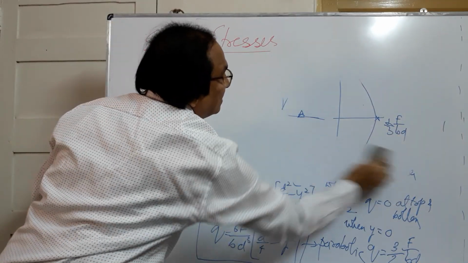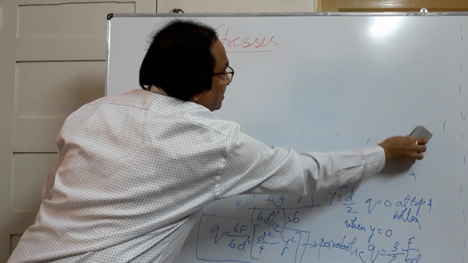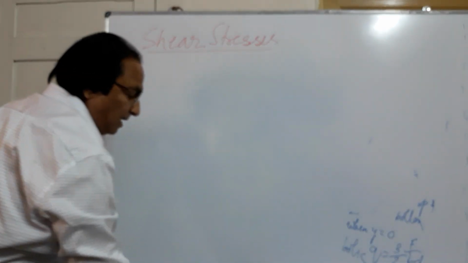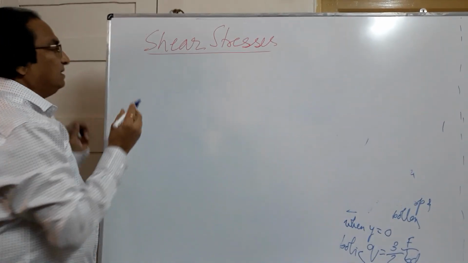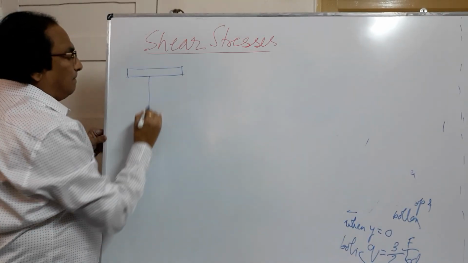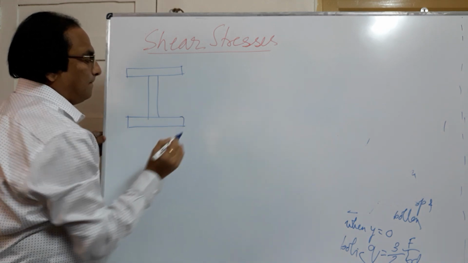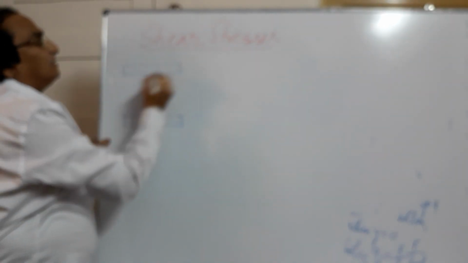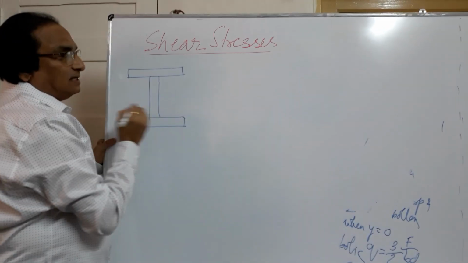Remember the formula? Maximum shear stress is given by F A y bar divided by I B. Suppose I see an I section. Here we see this is a flange, this is a flange, and this is a web.